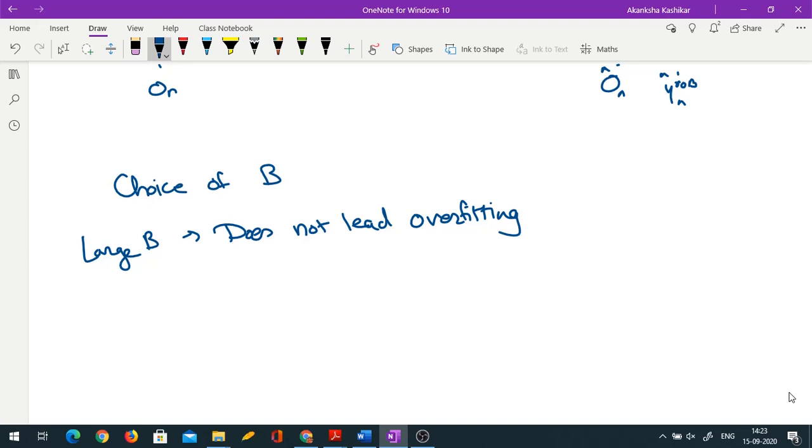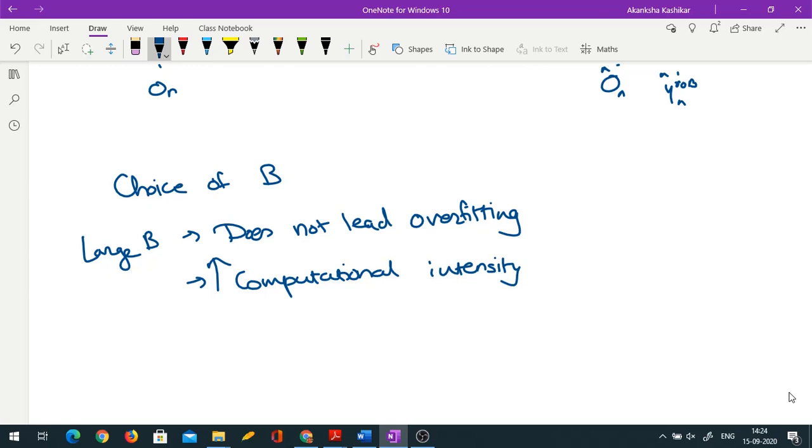So you can play safe and take a very large B. But the problem is that large B increases computational intensity. Remember how much effort is needed in fitting one tree, and you have to fit B such trees. Hence you need a moderate B. You shouldn't take a very large B.